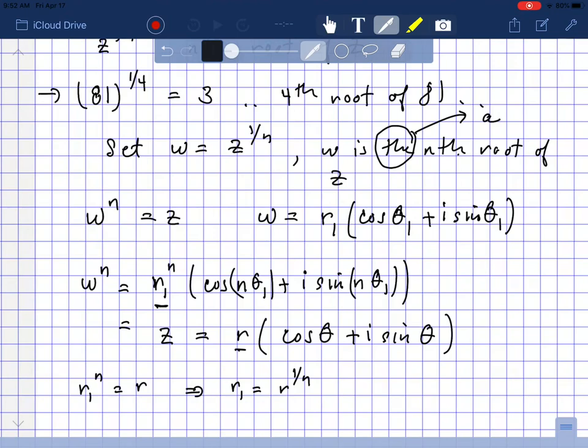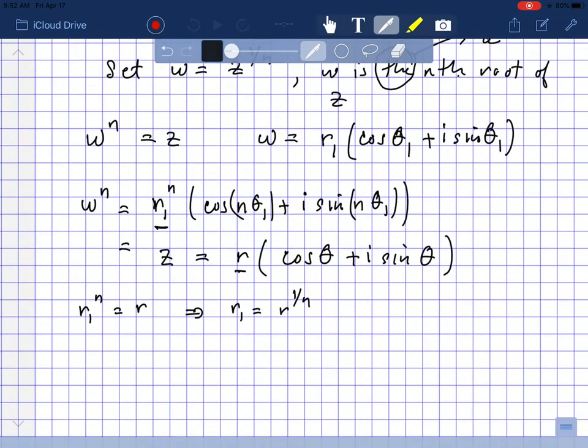Why is r a non-negative number? Because r is the modulus of z, and the modulus is always non-negative. And then here we have the cosine of theta has to equal the cosine of n theta sub 1. So we have to have that n times theta sub 1 is equal to theta. And this implies that theta sub 1 is equal to theta divided by n.